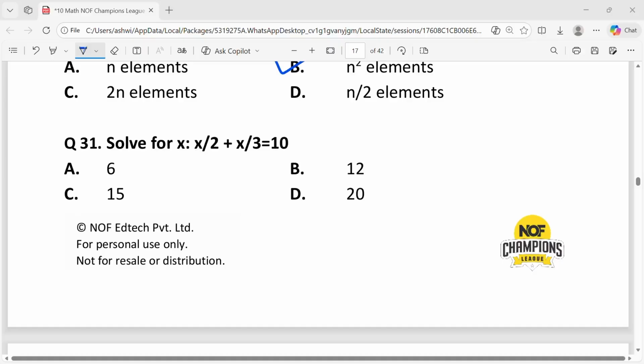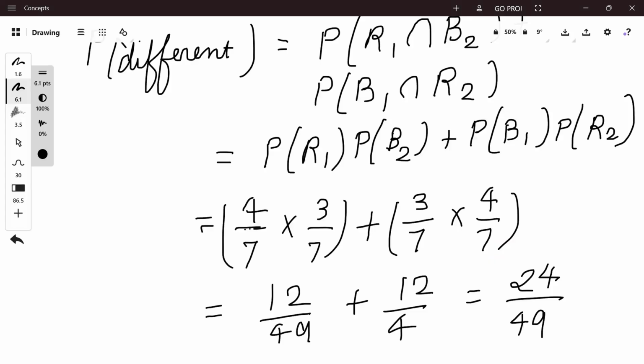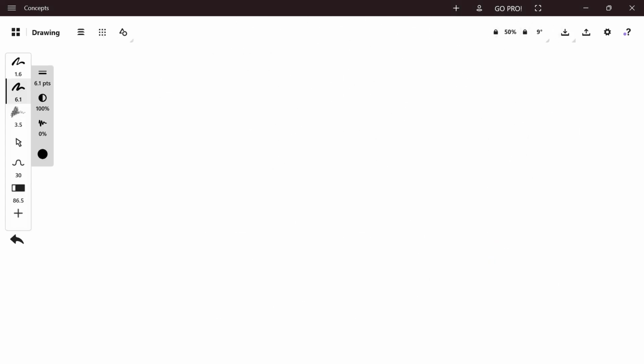Question 31. Solve for x: x by 2 plus x by 3 is equal to 10. The common denominator of 2 and 3 is 6.